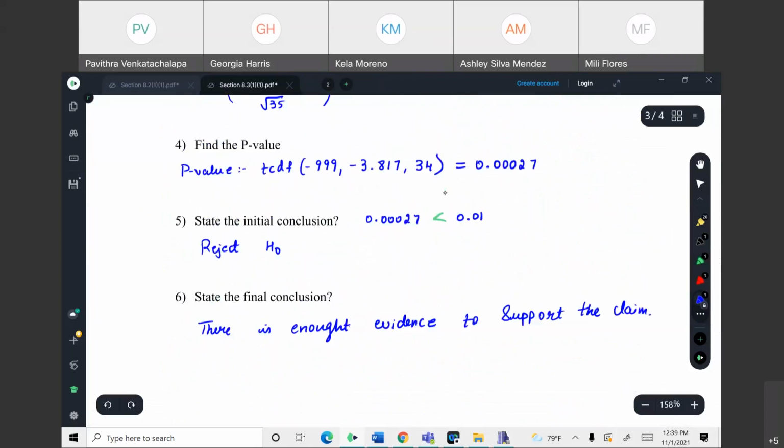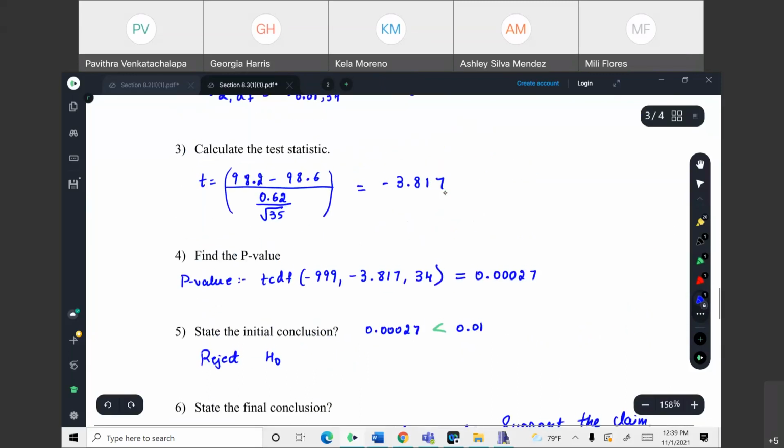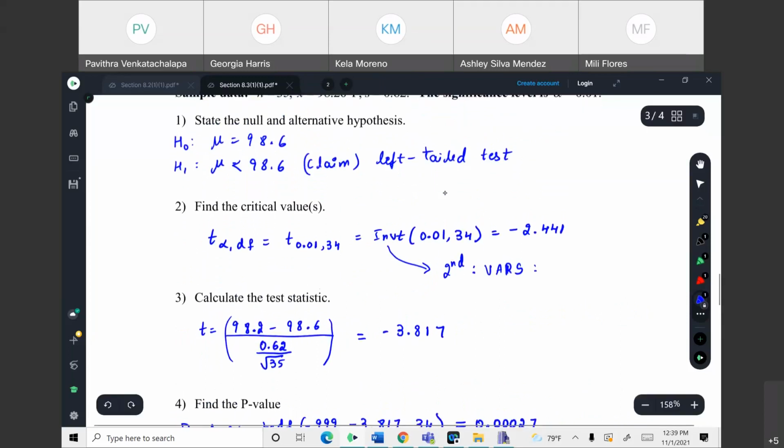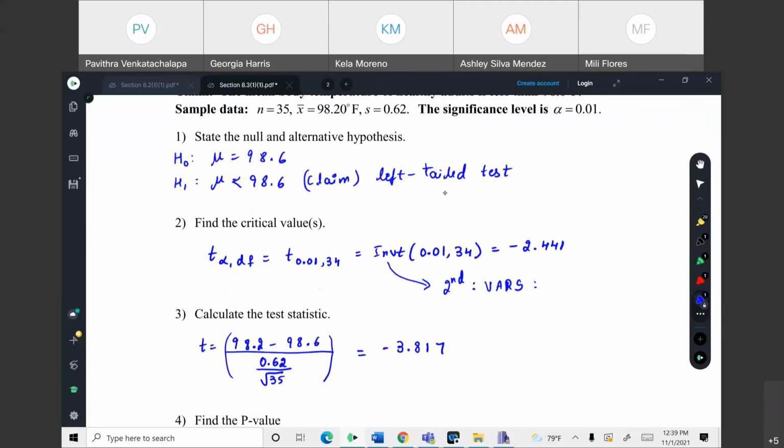So inverse t will be there in your calculator. You just have to click on second pass. And what is the number corresponding to inverse t? I don't see it anywhere on here.